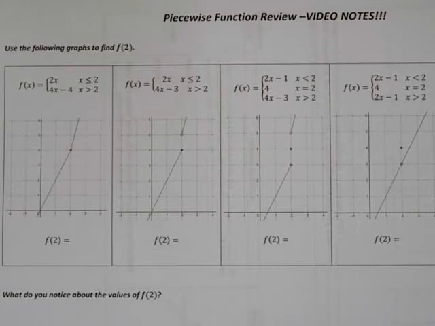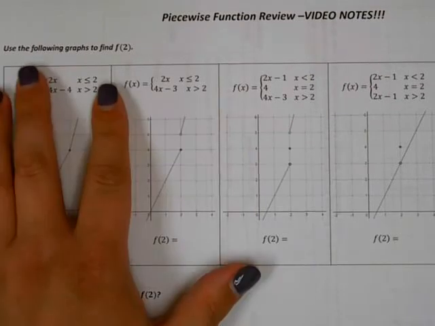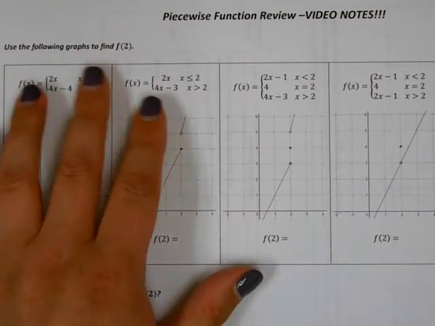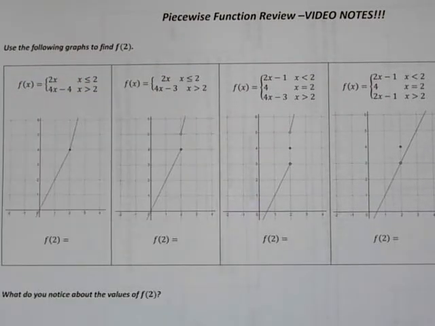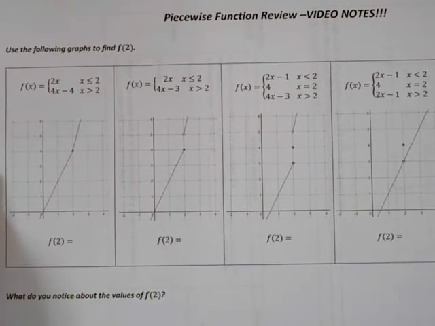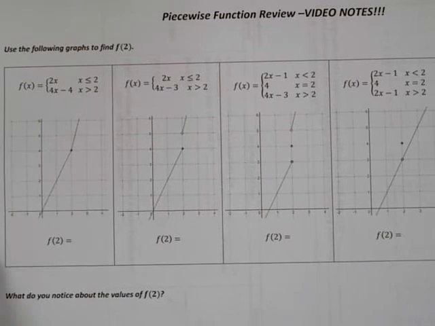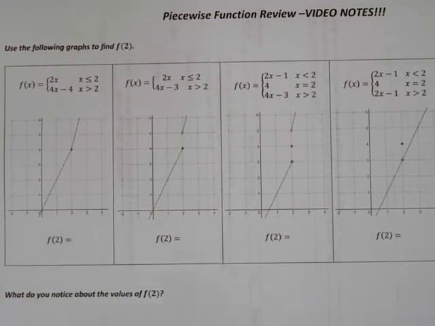So we're going to go ahead and get started here with some of the piecewise functions that you see. You can see in the directions here it says use the following graphs to find f of 2. Since we're just starting out in calculus, I am going to do a bit of a review on some of the notation. It should be things that you are already comfortable and familiar with, but I'm going to go over them just to make sure that we all start the year out on the exact same page.